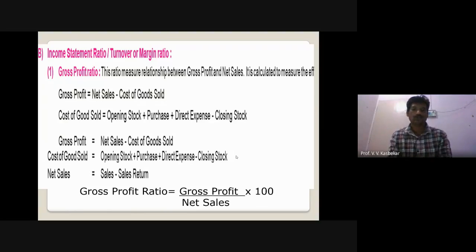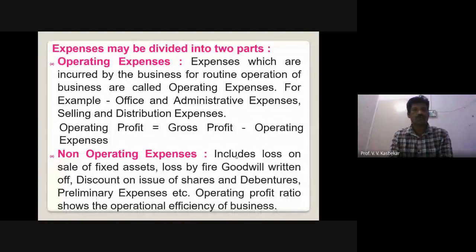Net sales means sales minus sales returns, and the formula for gross profit ratio will be gross profit divided by net sales into 100. Here, operating expenses are expenses incurred by the business for routine operation.